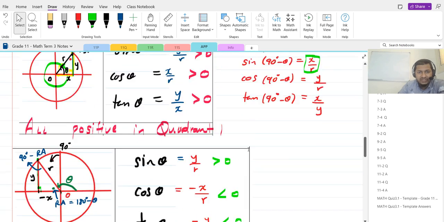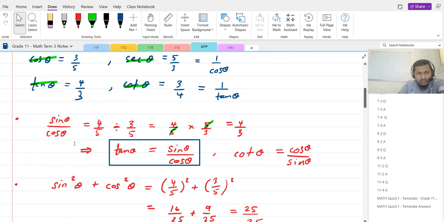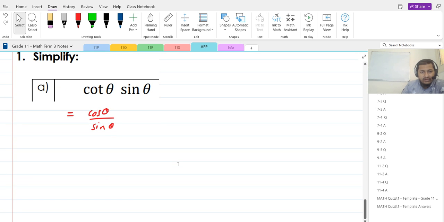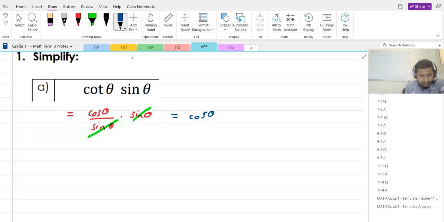Tan is sine over cos, so cot is cos over sine. Then we have times sine theta. This sine theta cancels out, and the final answer is cos theta.